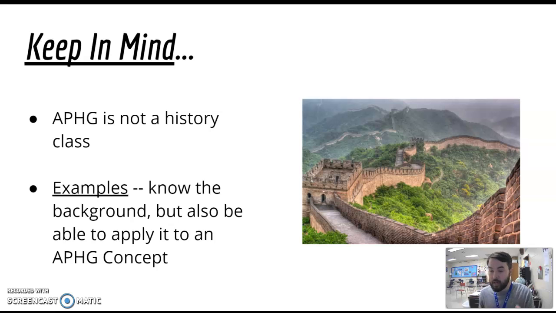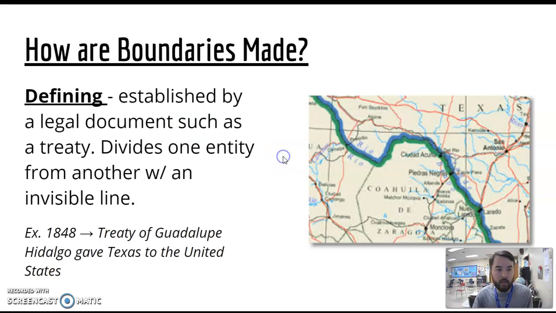So we're going to be talking in depth about the Berlin Wall today, for example. So if you can talk about the Berlin Wall and write 10 pages on the Berlin Wall, that's great, but if you can't relate it to the AP Human Geography concepts, it really doesn't serve a good purpose for you for the AP exam. So make sure that you know the background, but make sure that you can also connect it to an AP Human Geography concept.